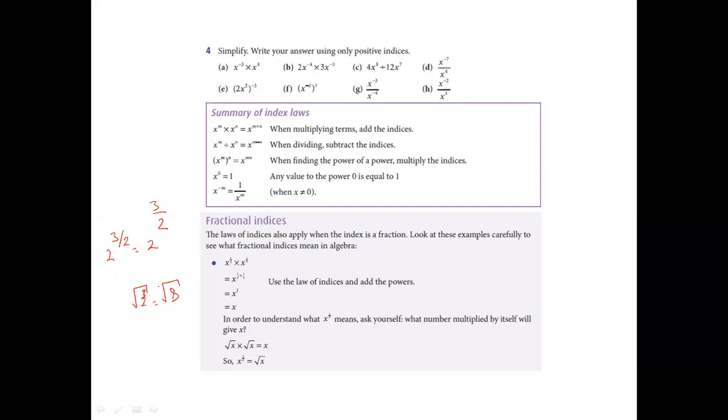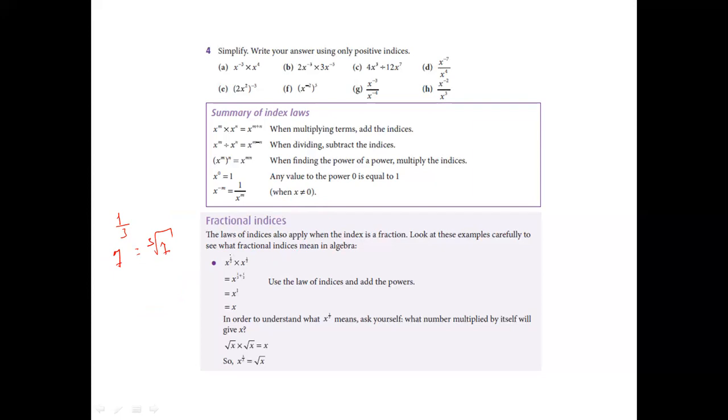Yes, 2 to the power of 3 is 8. Or in other words, 7 to the power of 1 over 3 is the cube root of 7. Okay, so the laws of indices in algebra, yes, we had already read it.